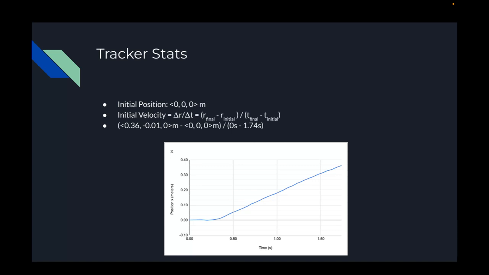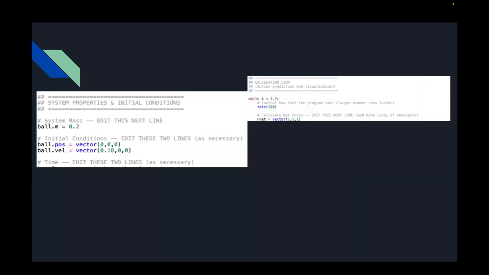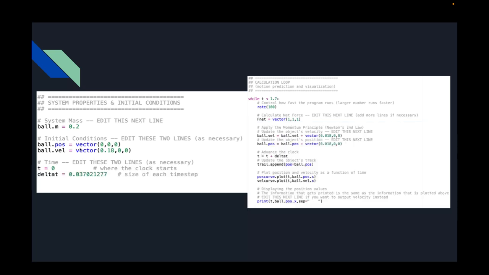To model this in Glowscript, we're going to need to know several things. Here you can see that the mass has been replaced with 0.2, which is 0.2 kilograms, which is approximately the weight of that roll of tape, which is important to this. You can also see the initial velocity, which you found from doing that, is going to be equal to approximately 0.18 meters per second.